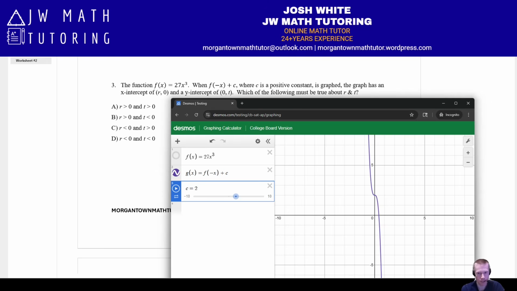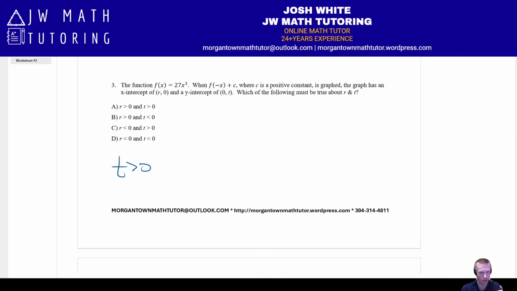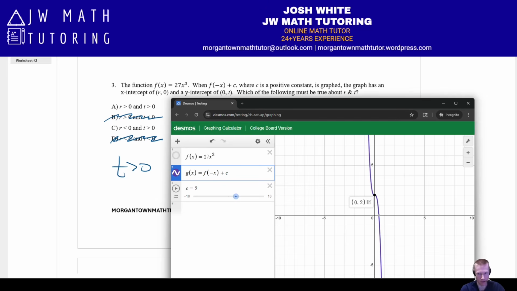All right, so we can easily see from the graph that the y-intercept is obviously positive. In the original function, it's 0, 0. Now it went up by a positive constant, so now it's going to be greater than 0. So t must be greater than 0 for sure. So I can get rid of this, and I can get rid of this. Now the question is, what is happening with the r value, or the x-intercept?